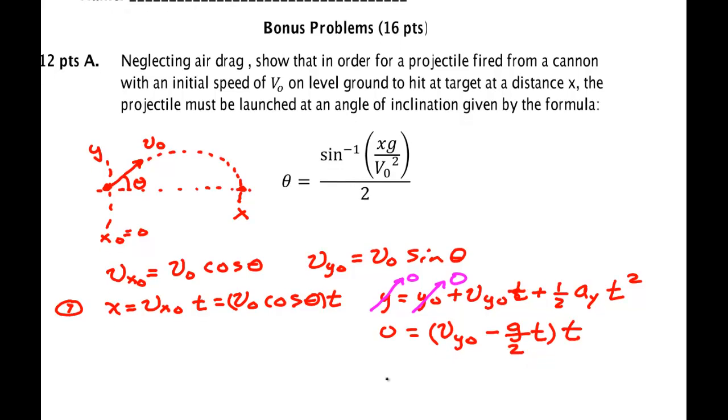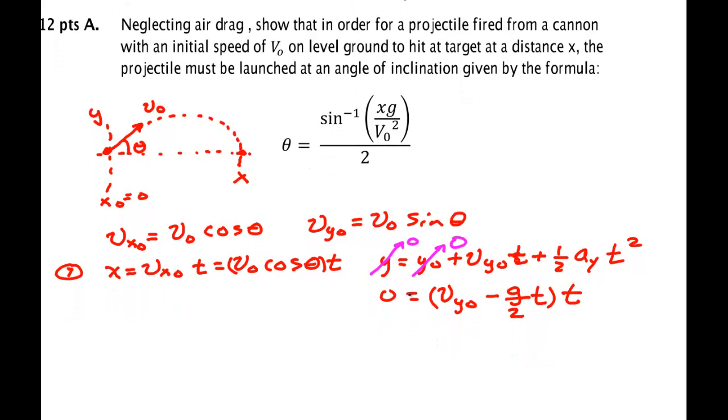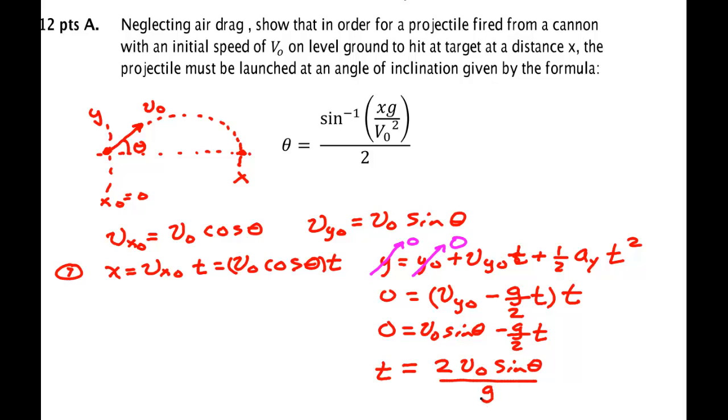This enables us to find a formula for the time. So from this we have 0 is equal to, I'm going to plug in my formula for vy0, v0 sine theta minus g over 2 t. Alright, this gives us that t is equal to 2 v0 sine theta over g. I'll call that equation 2.